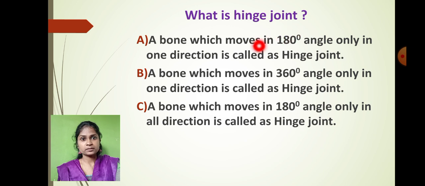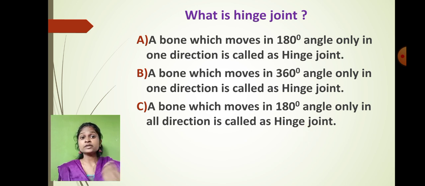So option A is like this: a bone which moves in 180-degree angle only in one direction, it is called a hinge joint. Option B, a bone which moves in 360-degree angle only in one direction, it is called a hinge joint. Option C, a bone which moves in 180 angle in all direction, the bone which moves in all direction, it is called a hinge joint.